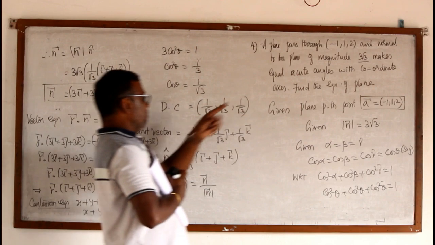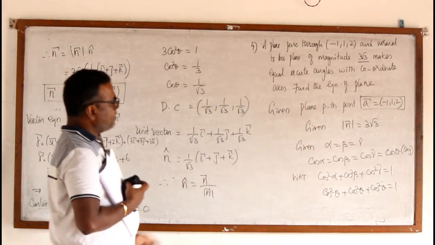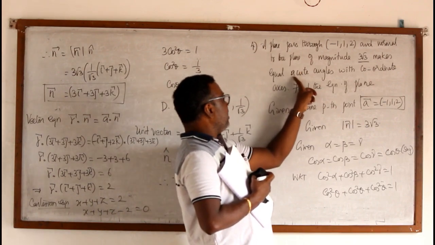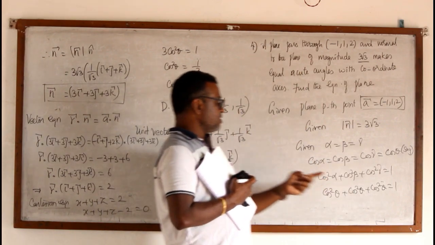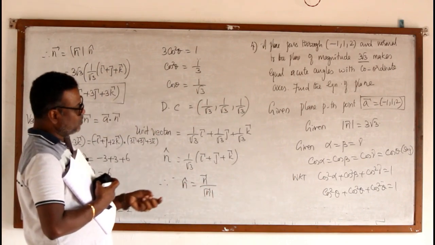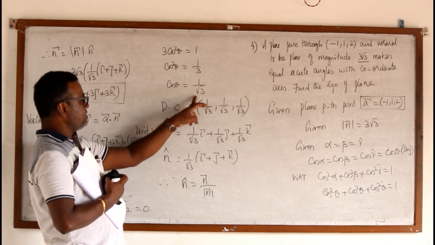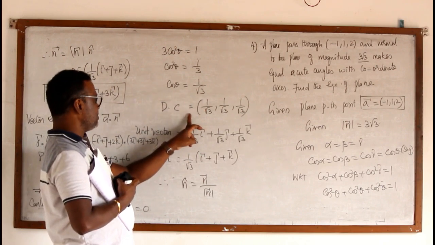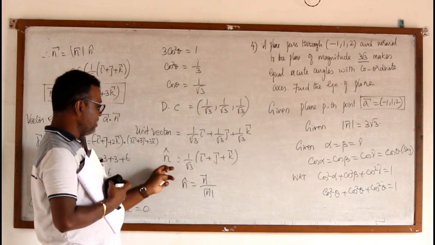So magnitude, you must take it as modulus. So I need a unit vector. For that, they gave acute angles are equal. So for alpha, beta, gamma, it is cos square alpha plus cos square beta plus cos square gamma equal to 1. Instead of alpha, beta, gamma, I am giving theta itself. From this, cos theta is 1 by root 3. This is the direction ratio; if I put i, j, k, that becomes the unit normal vector.